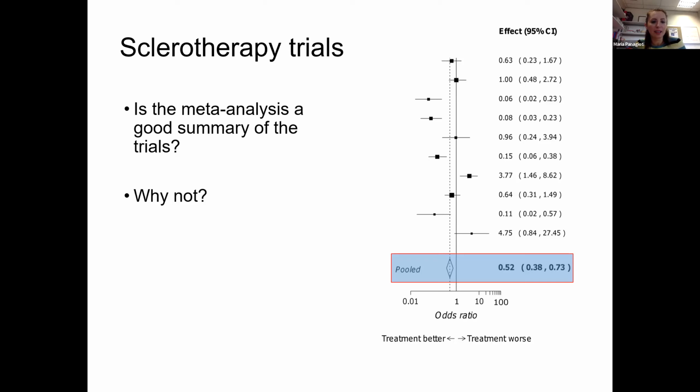What it tells us is that almost half of the studies support the effectiveness of one treatment, of a drug, a sclerotherapy drug in particular, and almost the other half show that it's either non-significant or it can even be negative. So in this case, the pooled effect is really pooling apples with oranges, and we need to understand why there is so much variation and why our mean doesn't reflect the individual studies.